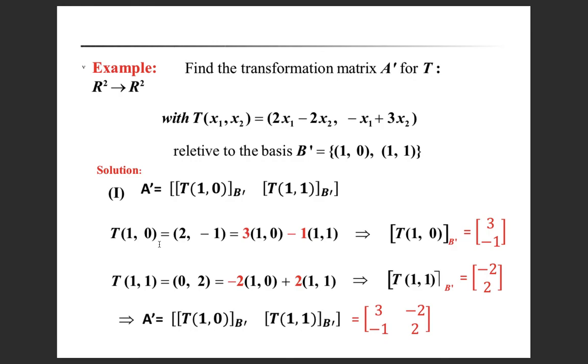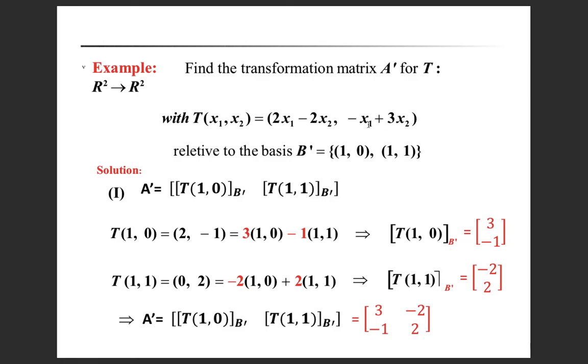T(1, 0) is equal to (2, minus 1), because in T(x1, x2) we substitute x1 equal to 1 and x2 equal to 0.